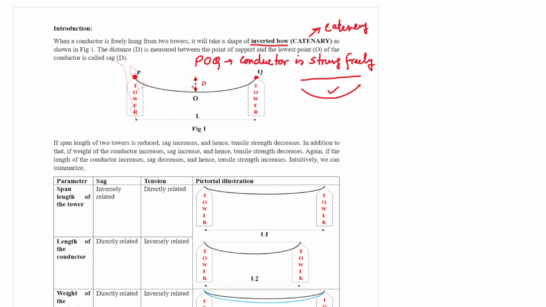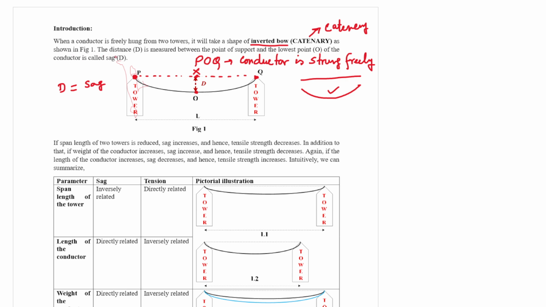So now it is the line joining the two tips of the conductor, and this lowest point. Let us say this point is X, and let us say this lowest point is O. It means that this vertical distance is D. So the sag is nothing but D. How can it be defined?